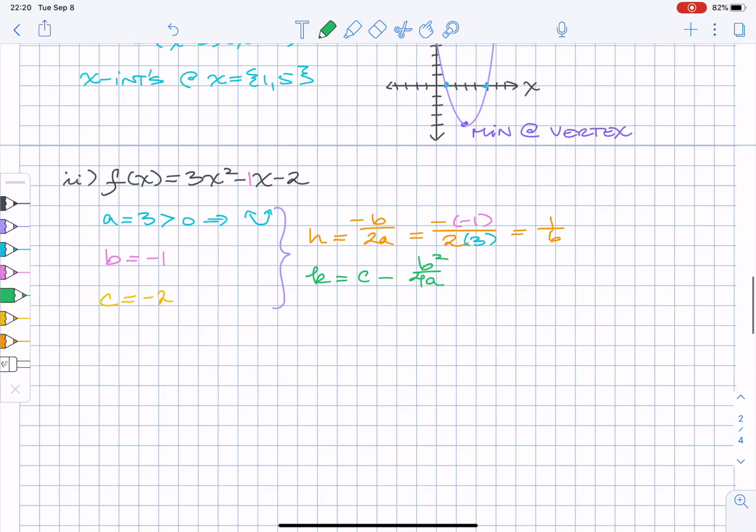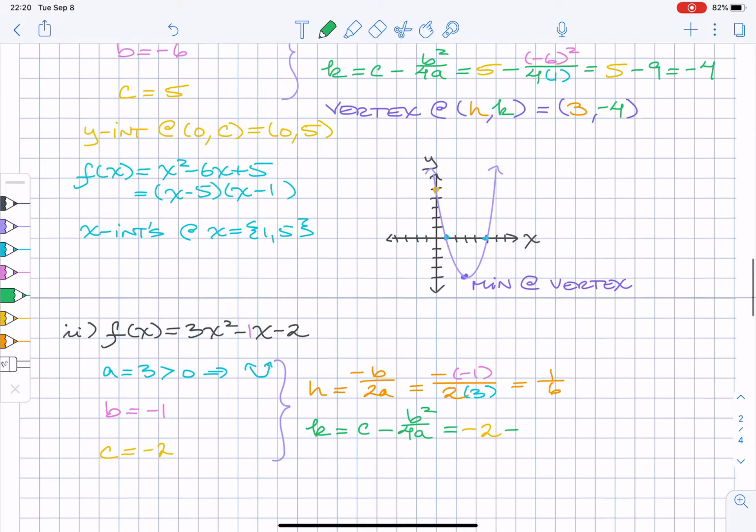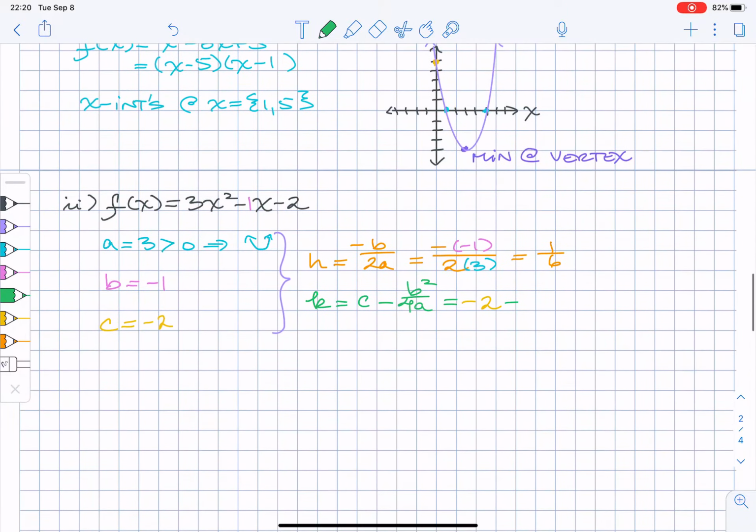Okay, so what does this give us? So c is -2. Then we're going to have minus, just making sure I did. Okay, b here is -1, which we're going to square, all over 4 times a, which is 3. So what do we get? We get -2 minus 1/12, so that's -24/12 minus 1/12, which is -25/12.